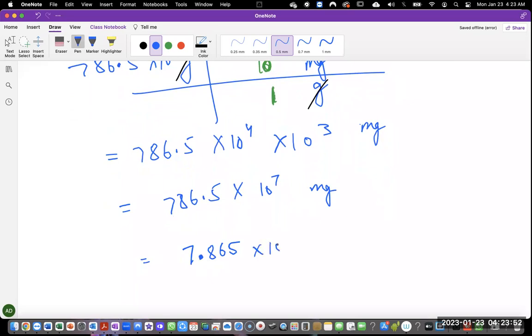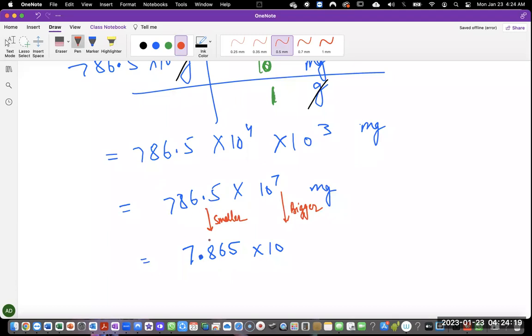So now what will happen to the power? Again, based off the scientific notation video, what did we learn? We learned that if you're making this number smaller, you've got to make this number bigger. How much bigger will depend on how many decimal places you moved, okay? So you moved 2 decimal places to get to this answer.